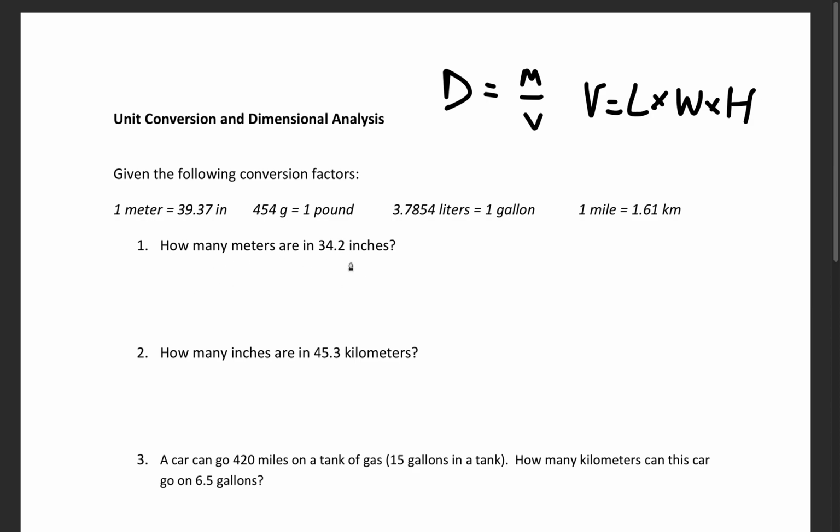So we're going to do this first question. It's really simple. How many meters are 34.2 inches? The way that I do this, I say, okay, let me set up my roadmap. I know that I'm starting with inches, and I know that I'm going to meters.